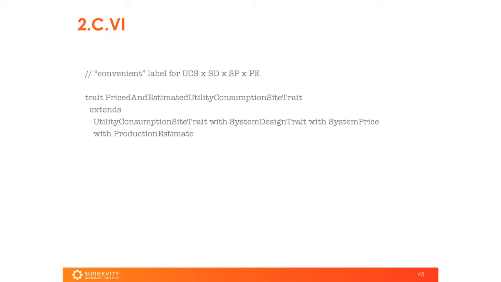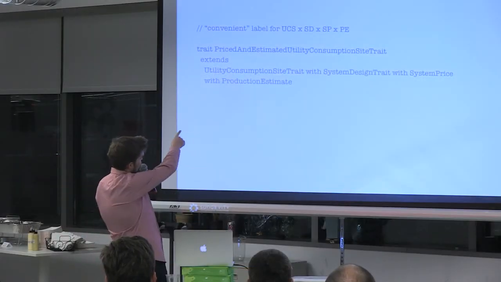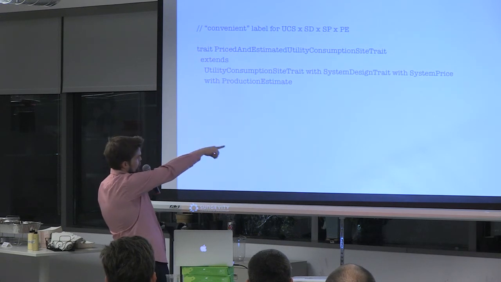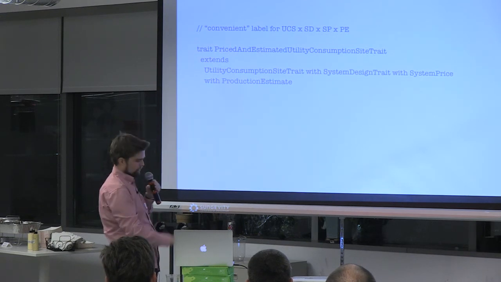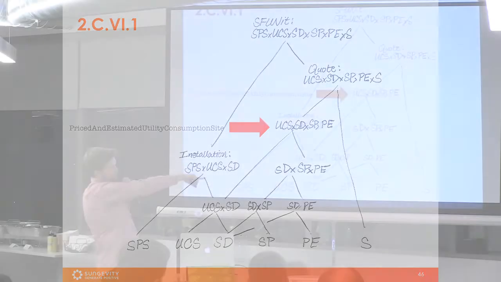And then we get to something like this, which seems ridiculous, priced and estimated utility consumption site trait. But you can see that as it extends system design trait with system price with production estimate, we can place it in a very sensible place in our hierarchy of productions and say, well, this is the thing that we get right before we calculate savings.